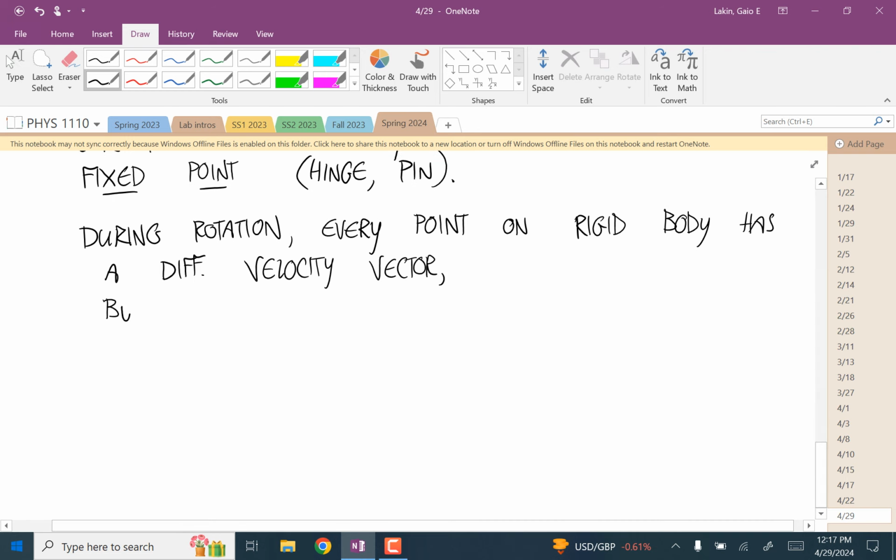But the whole body has the same angular velocity. So the entire body has a single angular velocity.